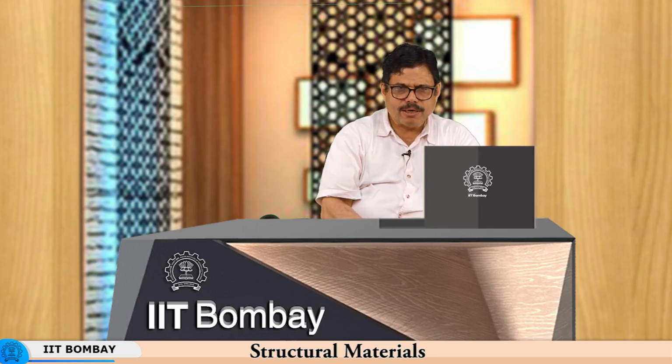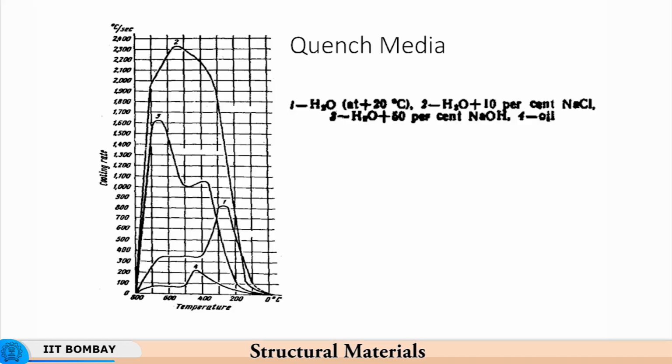So, we have different kinds of quench media which can give you a cooling rate in the range from 2300 degrees centigrade per second when dipped in NaCl solution in water, to say 250 to 300 degrees centigrade per second in oil. This is actually brine, it is called brine, and this is sodium hydroxide in water.